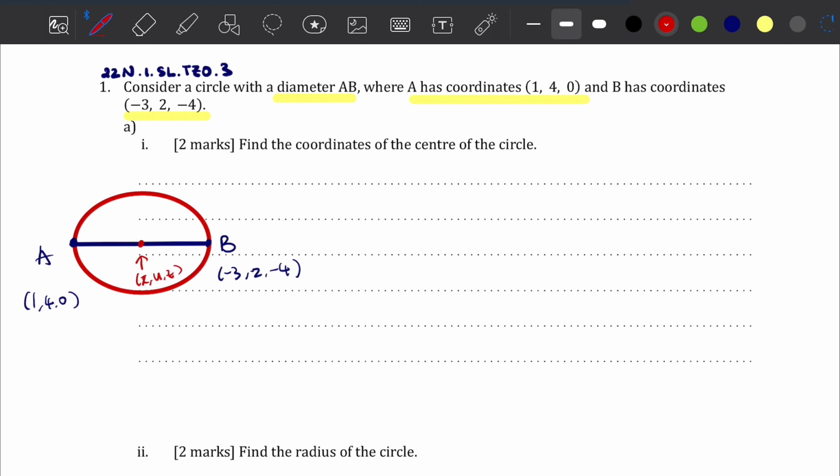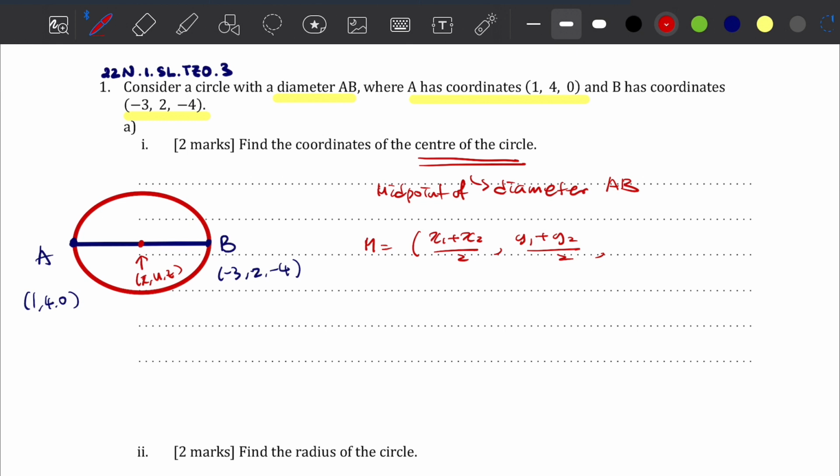Since we know that the center of the circle is the midpoint of the diameter AB, we are going to use the midpoint formula, which is m equals x1 plus x2 divided by 2, y1 plus y2 divided by 2, z1 plus z2 divided by 2.